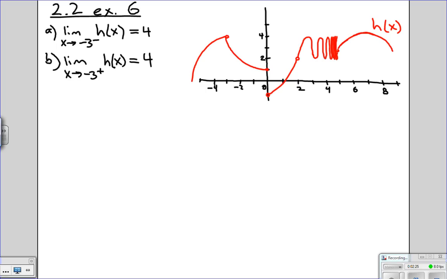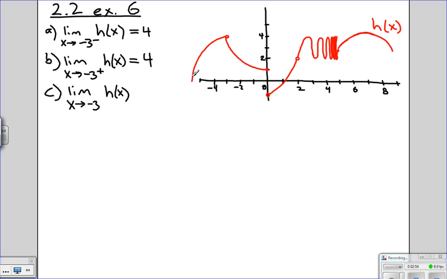Now usually when you see a question that says from the left and then from the right, the third question is then, what's the overall limit? So the limit as x approaches -3 overall is, and now we don't even have to look at the picture, because if the limit from the left and the right are the same, then that is also equal to the overall limit without any pluses or minuses.